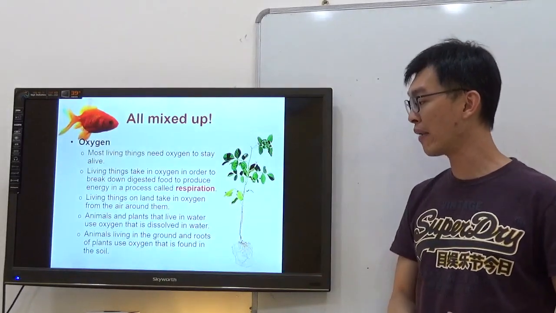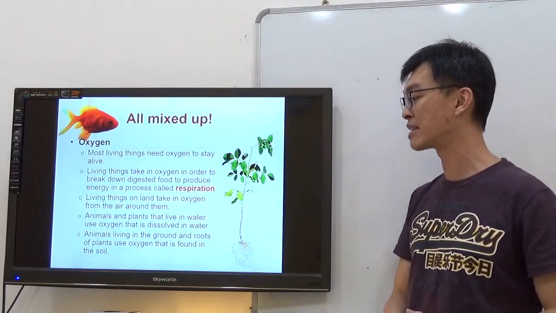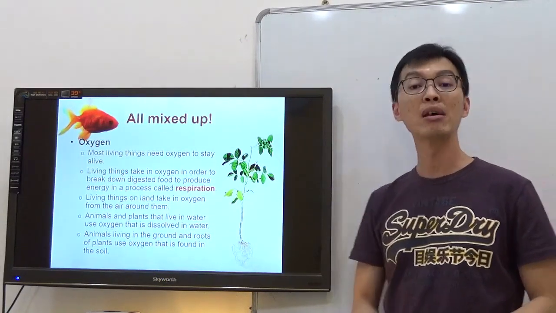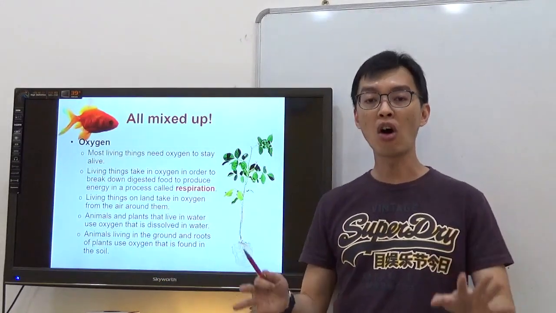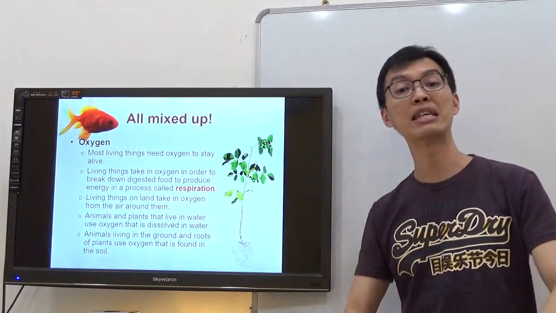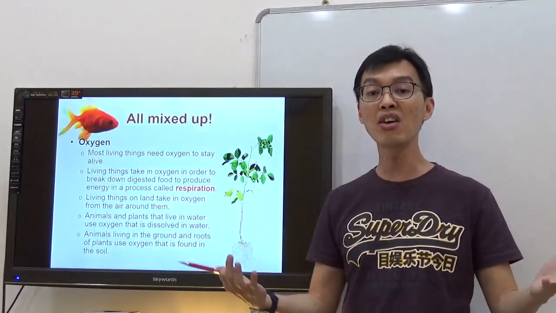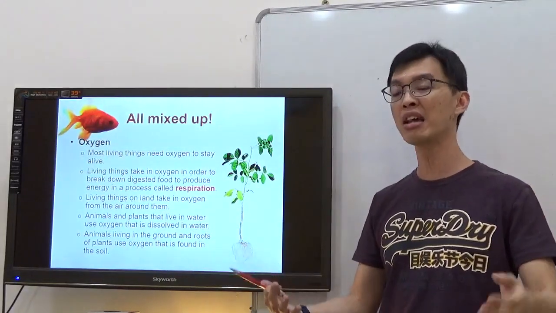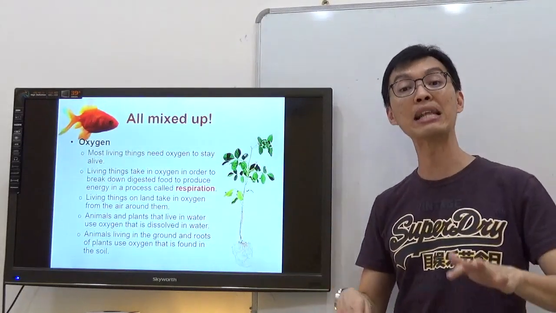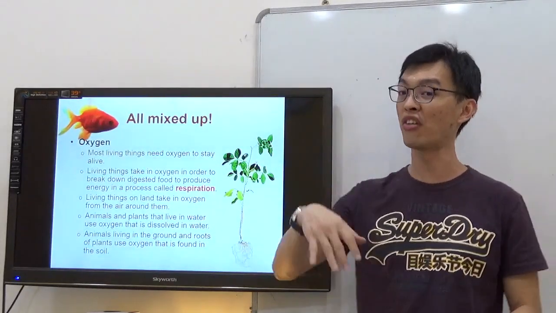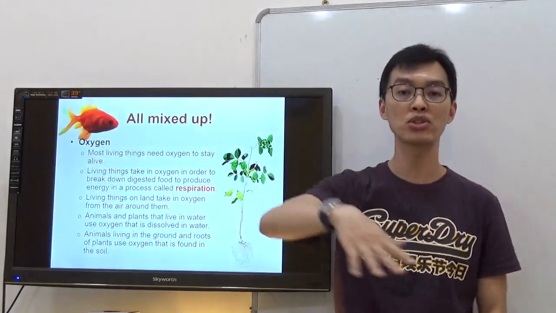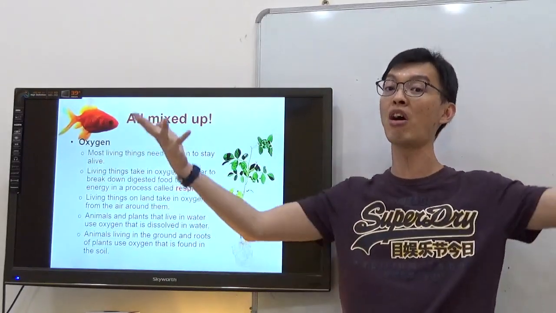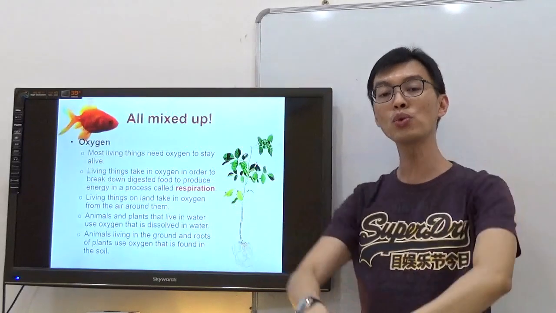Animals living in the ground and roots of plants use oxygen that is found in the soil. There are many organisms living inside the soil, for example, earthworms. Earthworms take in oxygen found inside the soil. That's why earthworms continually loosen the soil so that they can bring oxygen from the surroundings into the soil.